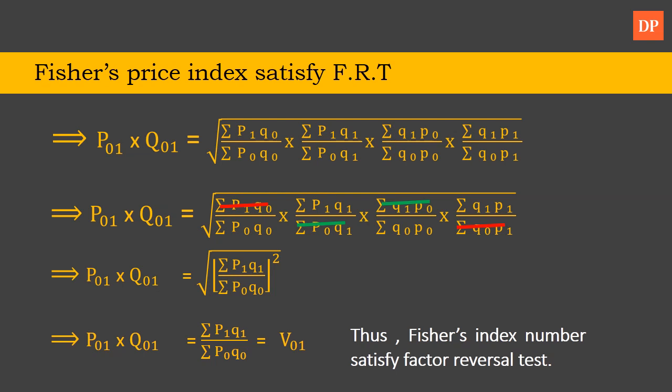Now cancelling the square root with the square, we will be left with summation P1 Q1 divided by summation P0 Q0, which is nothing but the value index for the current year 1 with respect to base year 0. Thus we can say that Fisher's price index number satisfies the factor reversal test.